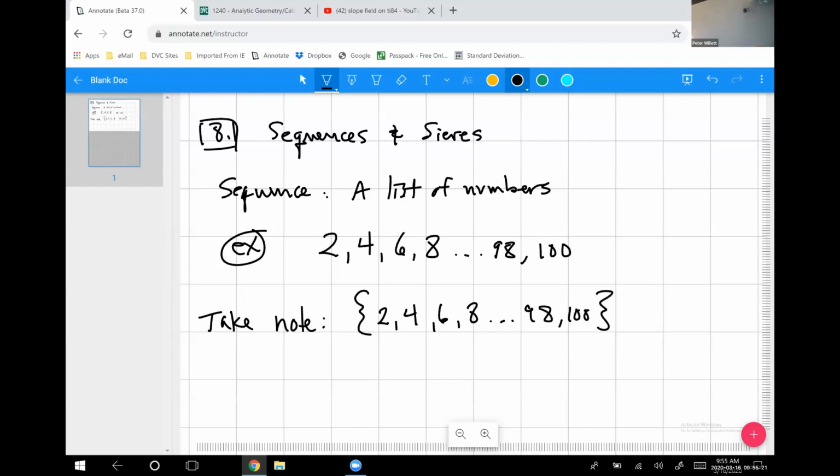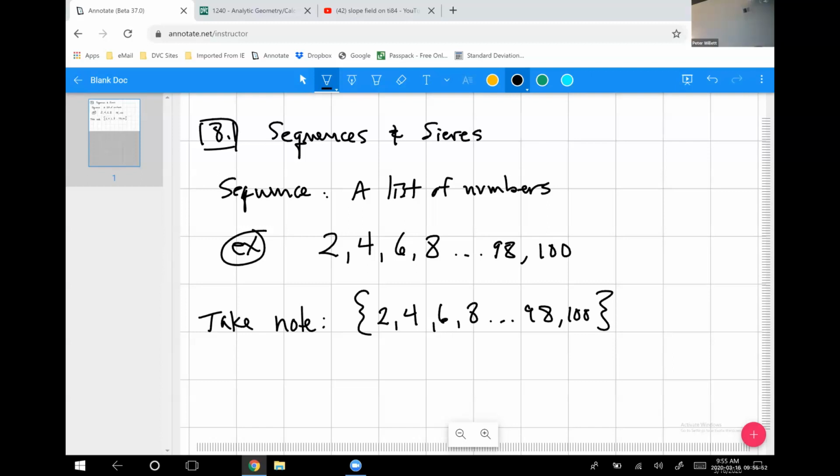So if I have things like this where I have a set of numbers, our standard work up until now has suggested that the items in the set, the order of them didn't matter, and that it's just a collection of items. Even though to write some of them, you would kind of think you had to have some ordering because you write the first one and the second one, and that's naturally true, but it didn't actually matter to the set of numbers that you were describing. Whereas in a sequence, order does matter.